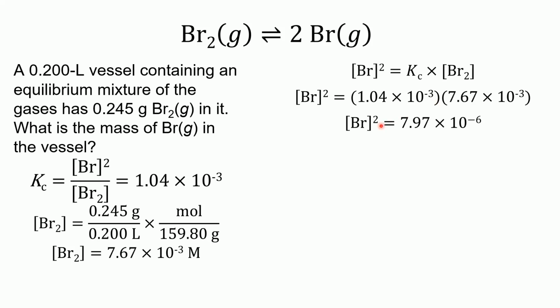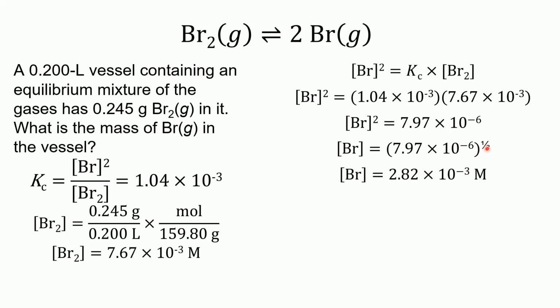Well, concentration of Br squared is 7.97 times 10 to the negative 6. All right, if we take the square root of both sides, so here you raise to the 1/2 power, you will get the square root. So we take the square root of both sides, and we will get a concentration of Br that is 2.82 times 10 to the negative 3.